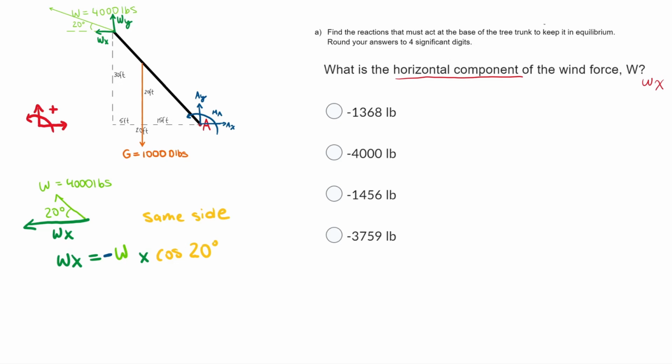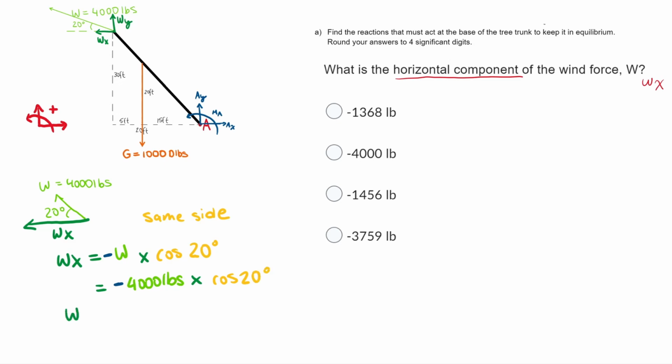Now we also need to remember to include this negative because WX is going against the sign convention we have set for ourselves. So WX is equal to negative 4,000 pounds times cos 20 degrees.